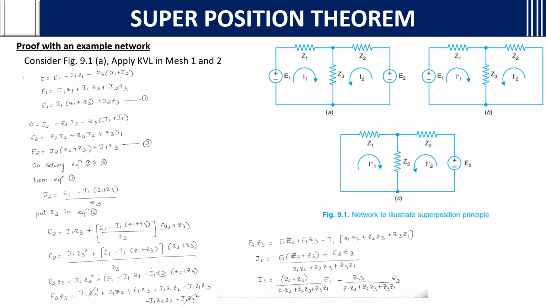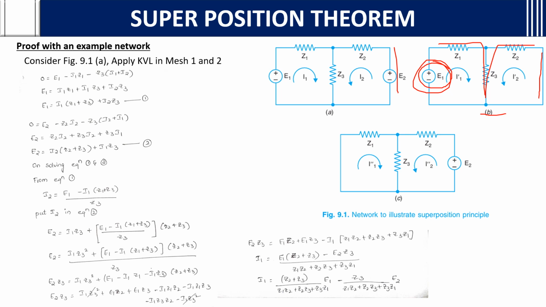The superposition theorem we will solve with an example network, so you will understand even more easily. If you see this figure, apply KVL in mesh 1. There are 3 resistors and 1 voltage source. In B, what is happening: we removed 1 voltage source and shorted it. The voltage source will be shorted. We are seeing how this voltage source is affecting this network.